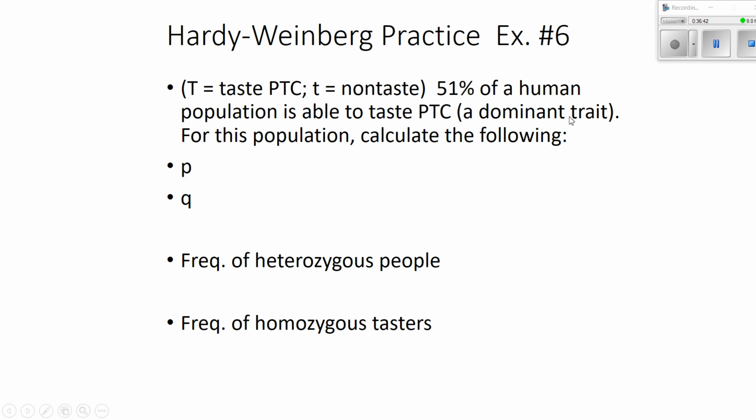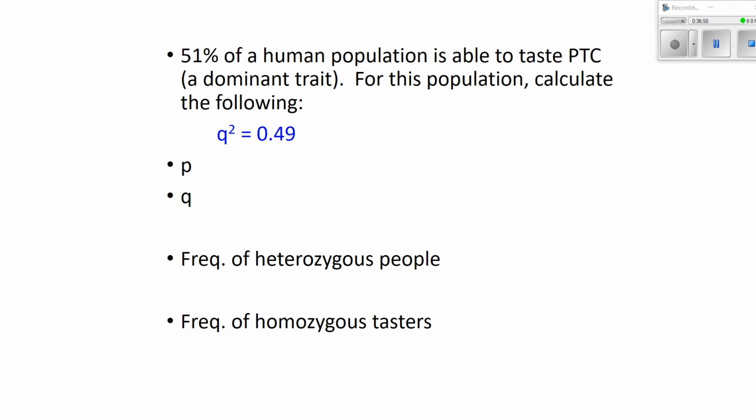It says 51% can taste, so 49% cannot taste. That's my Q squared. I always want to find Q first, so take the square root of 0.49. It gives me 0.7, and my P is just based off of that.